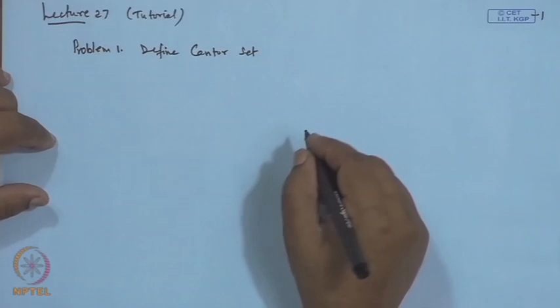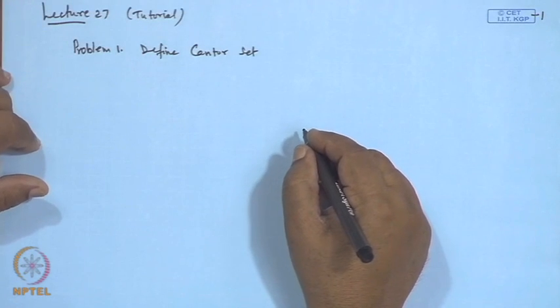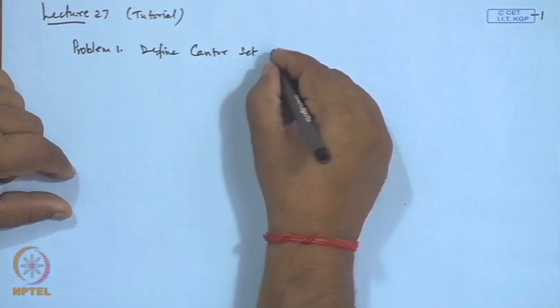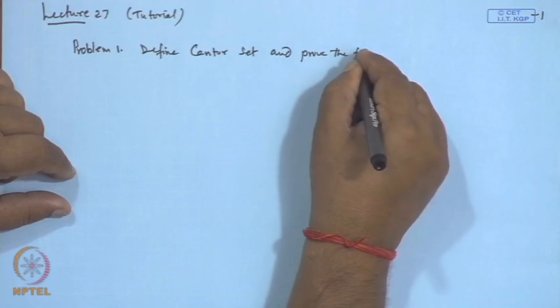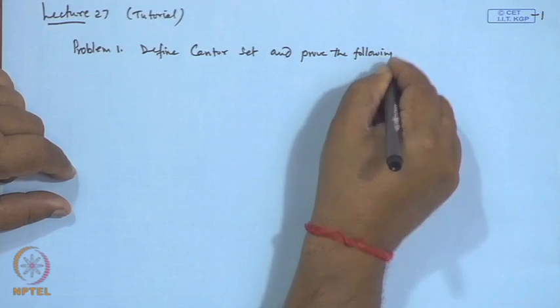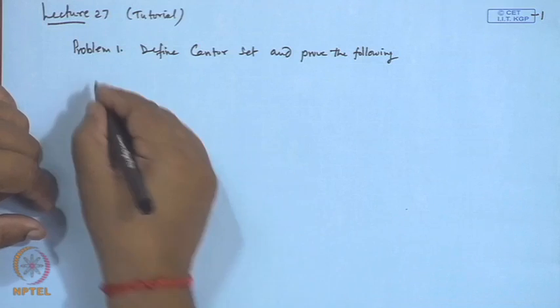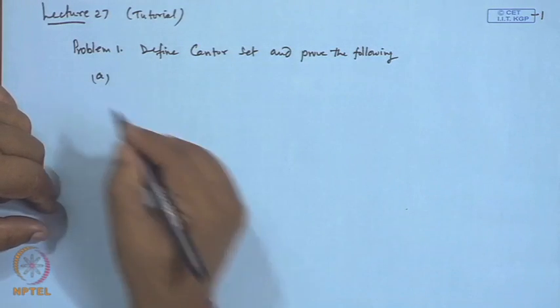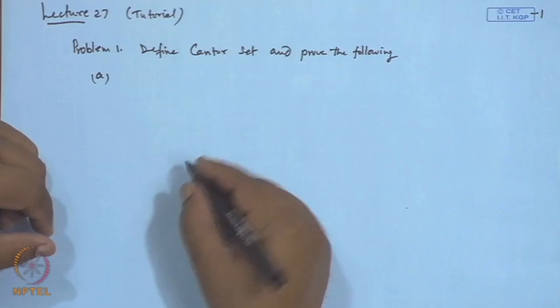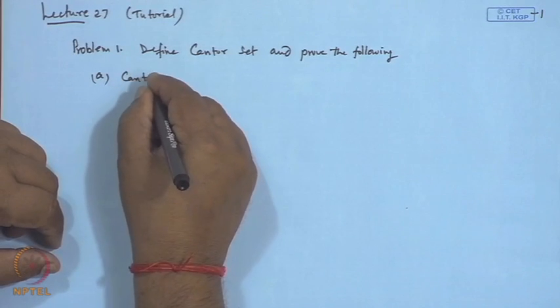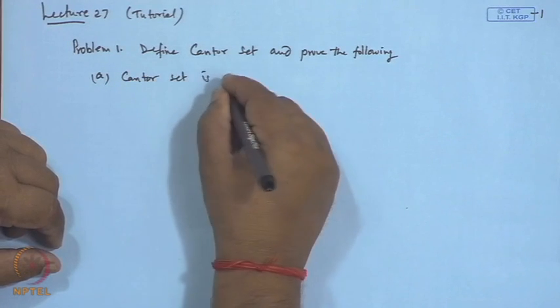Define the Cantor set and prove the following. Part one: the Cantor set is a closed set.